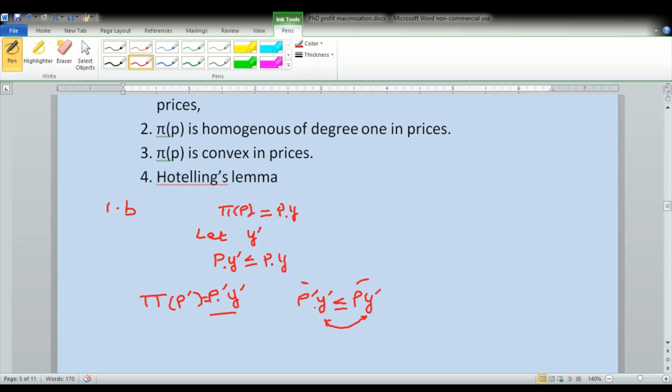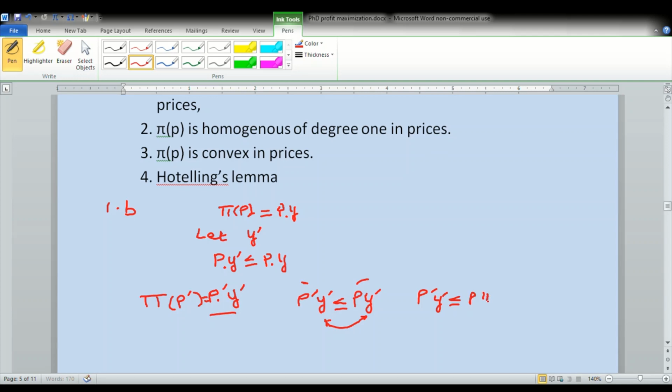So the cost on the left hand side is higher, and so for the same revenue we have more cost on the left hand side relative to the right hand side. So the conclusion, let me write it more cleanly, is that P dash y dash is less than or equal to P y dash.